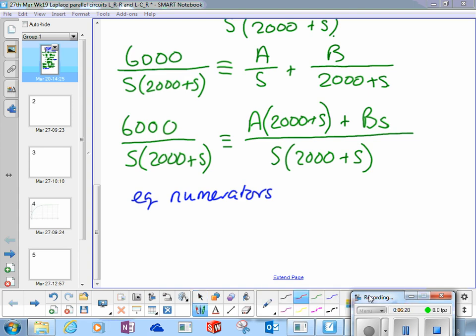So what are we going to do in terms of that? Let S equal 0. So 6000 is equal to 2000A. Therefore, A equals 3.